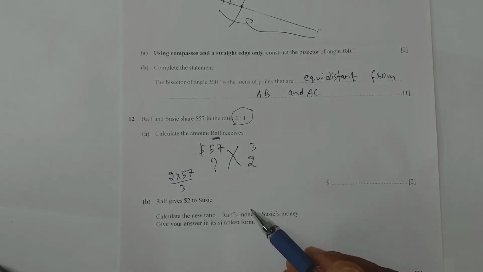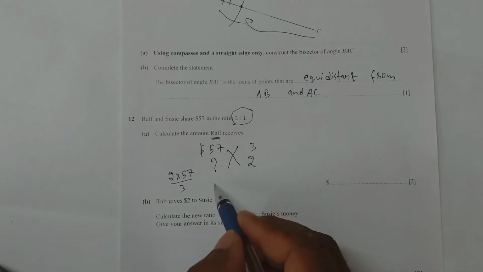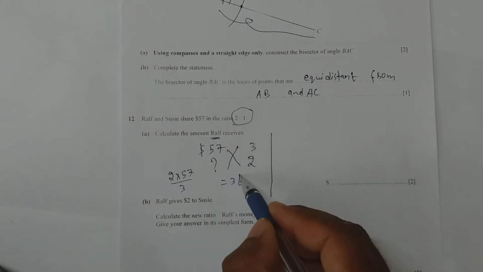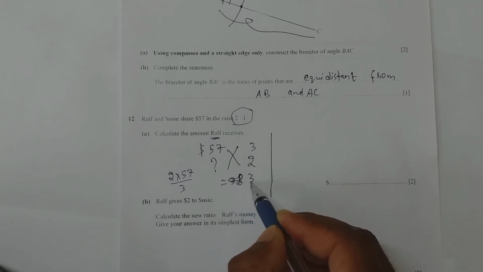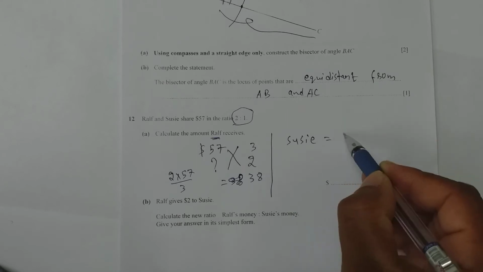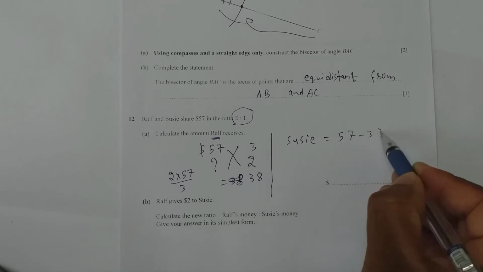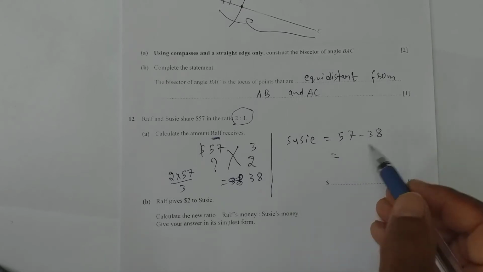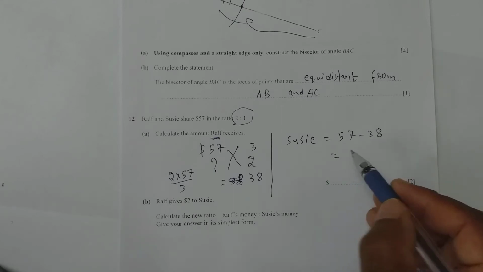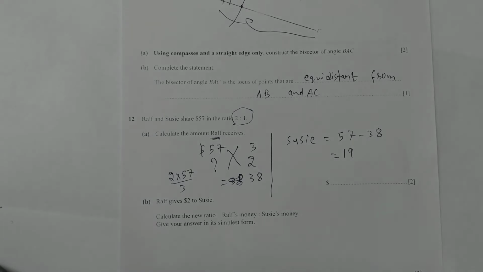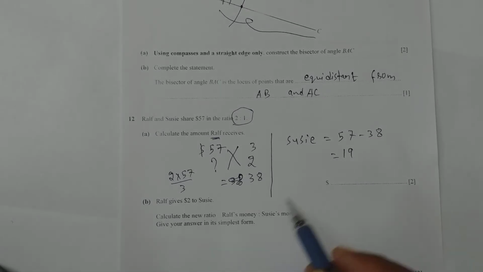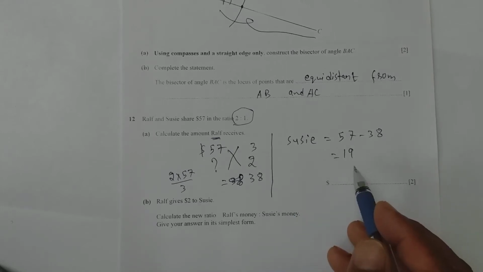It comes to 38. So Ralph is getting 38. So how much did Susie get? 57 minus 38. How much will it result in? 19 it will result in. This was not required for this sum, but for the later sum this was needed.